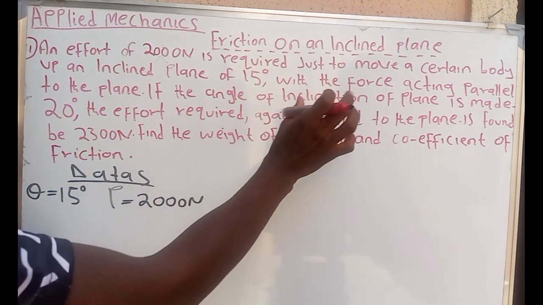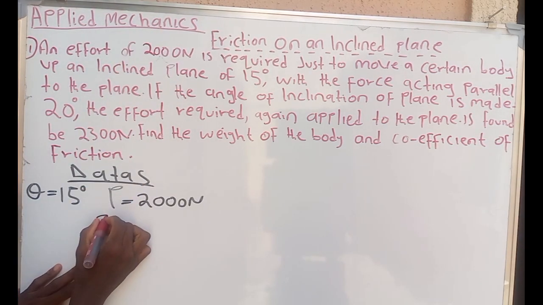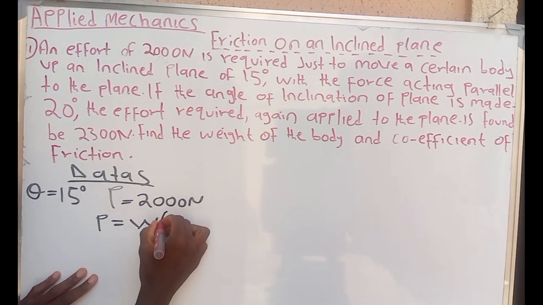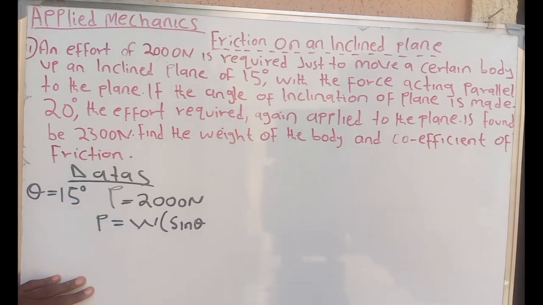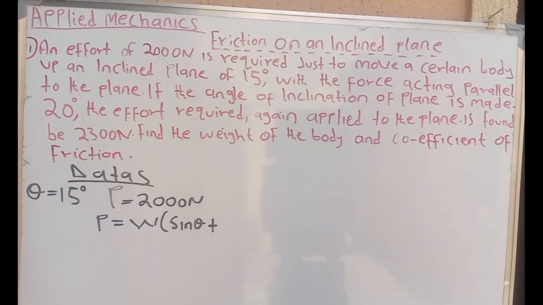Before the second part, we can say our effort P is equal to the weight multiplied by sine theta, plus mu cos theta. What is mu?